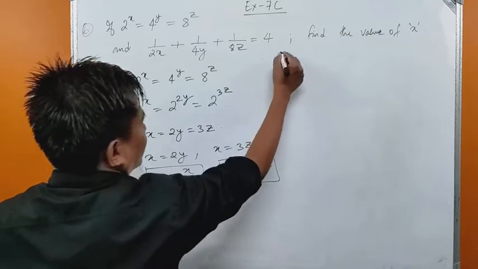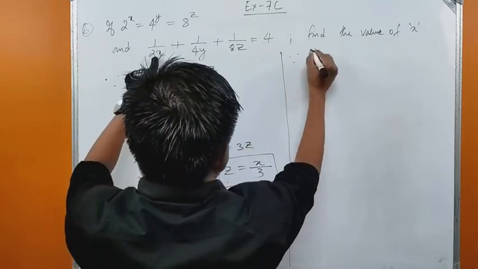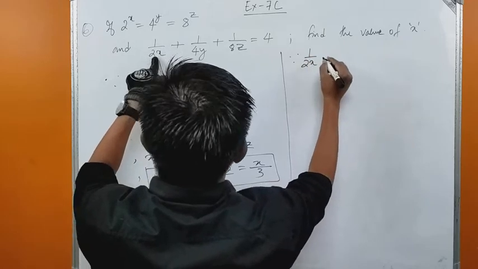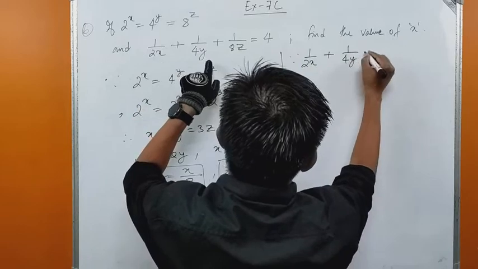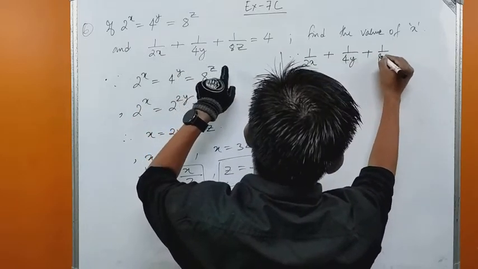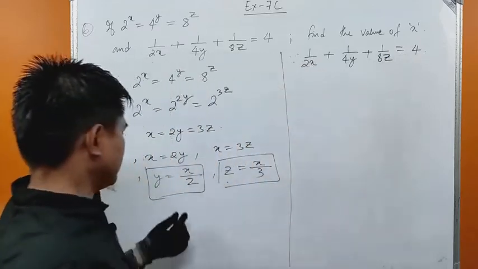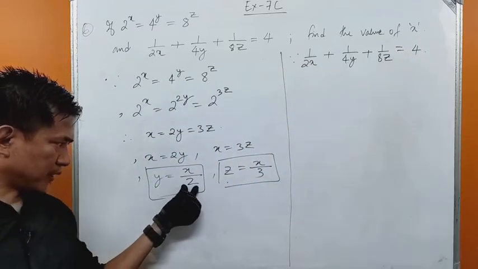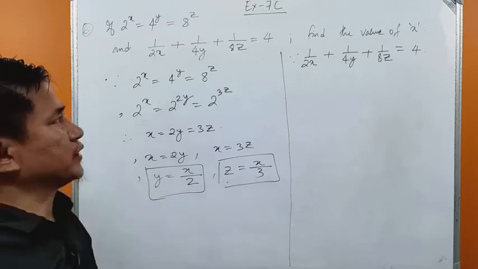Now the second condition given to us is 1 by 2x plus 1 by 4y plus 1 by 8z equals 4. Wherever we see y, we put x by 2, and wherever we see z, we put x by 3.